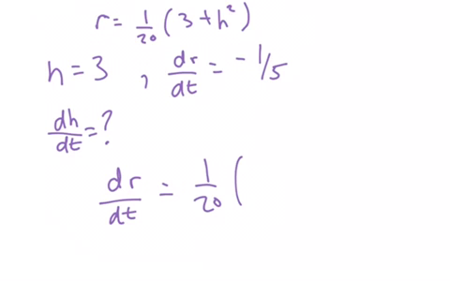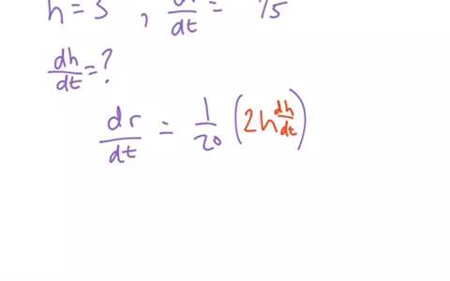The derivative of 3 is 0. The derivative of h squared is, I'm sorry, 2h. And the only thing I need to make sure I include, because I am doing implicit differentiation, is dh/dt. Okay, hopefully that makes sense so far.